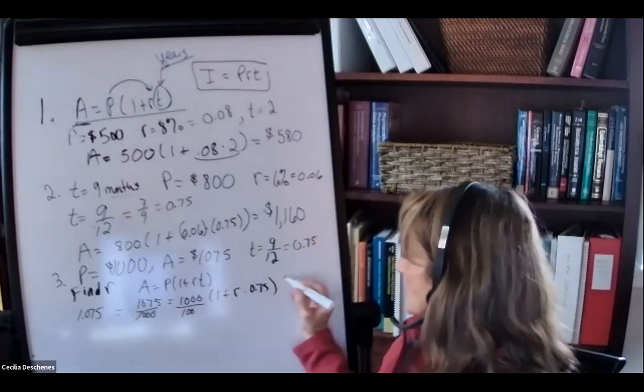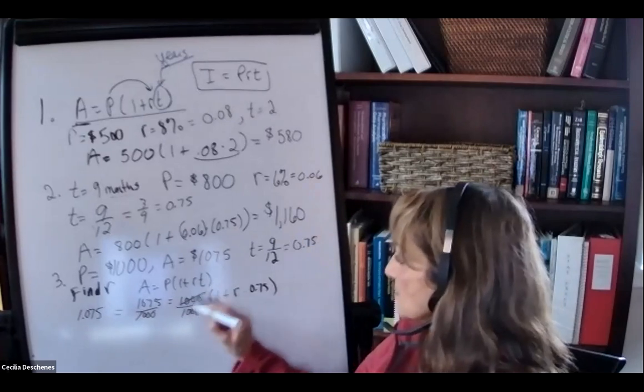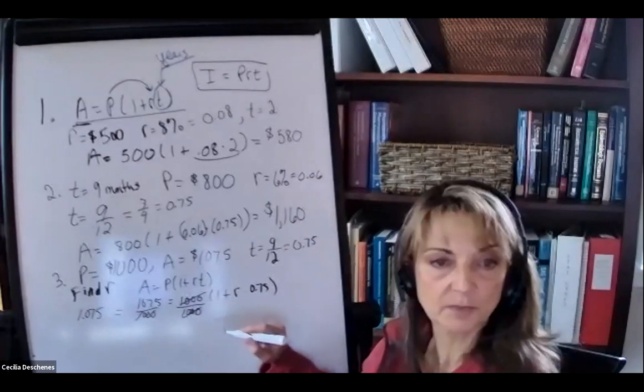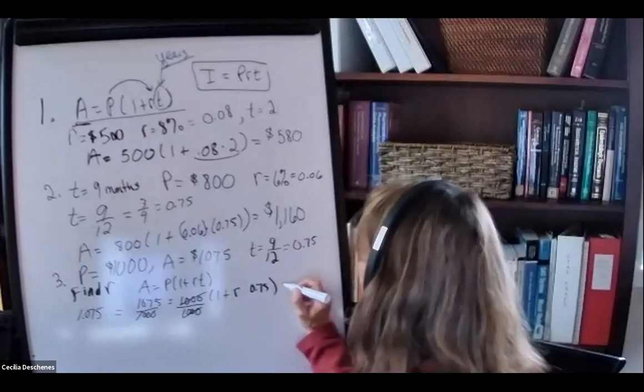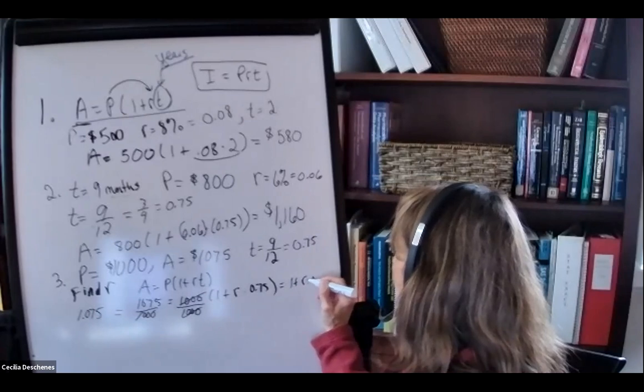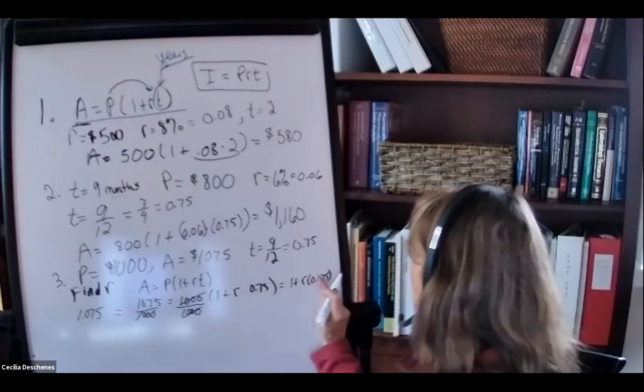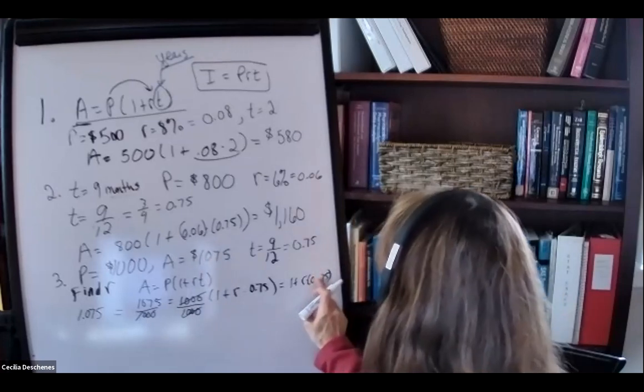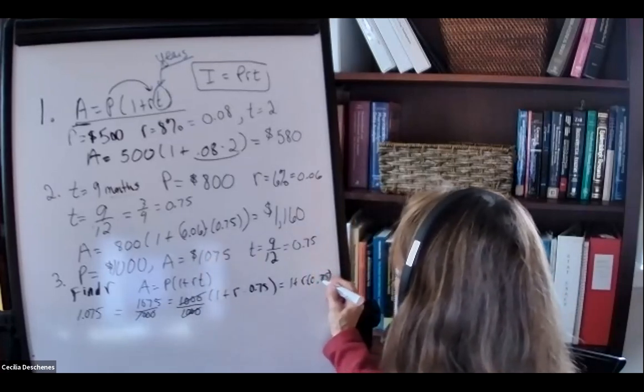And on this side, the 1,000 cancels out, that's the whole reason we divided by 1,000, and we're left with 1 plus r multiplied by 0.75.